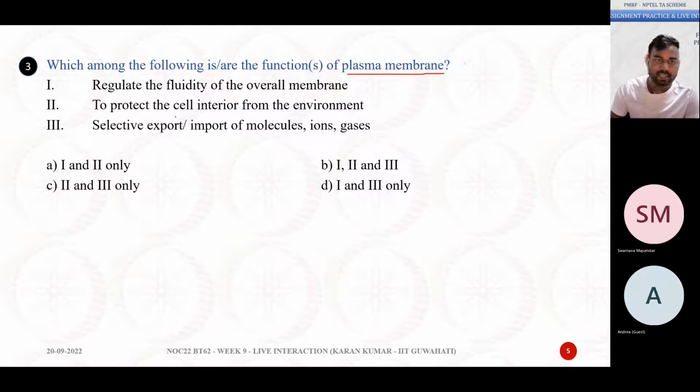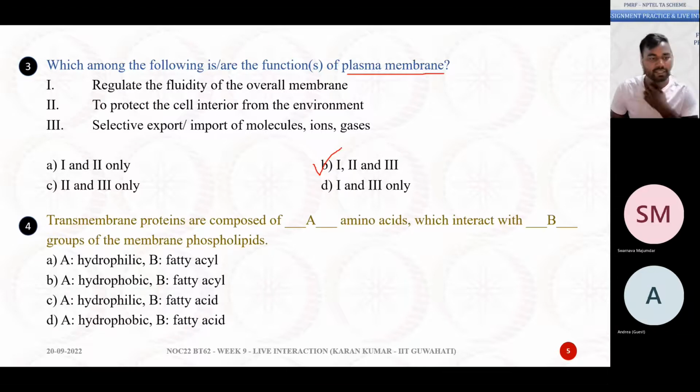To protect the cell interior from the environment is also correct, because if the plasma membrane ruptures, the inner content of the cell will be exposed to the outer environment and the cell will burst. Hence it is called cell death. So it is to protect the cell interior and also to regulate the fluidity of the overall membrane. So option B is correct for this question.